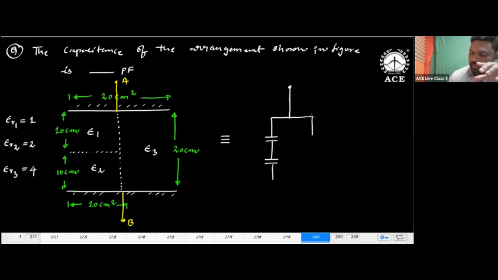And the resultant will be in parallel with C3. Here it is C1, here it is C2, here it is C3, here it is A, here it is B. So these type of models are also noticed. Just I wanted to show. Hope you can proceed with this one, right?